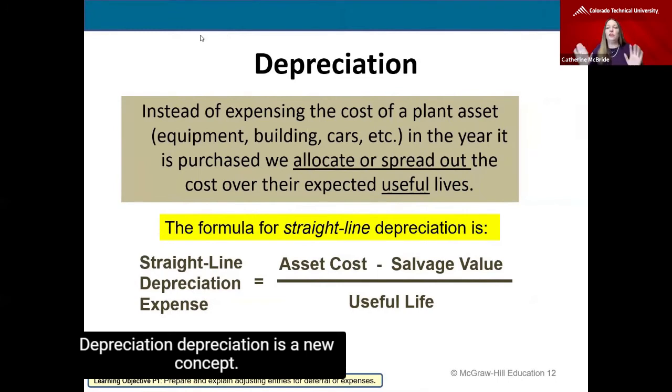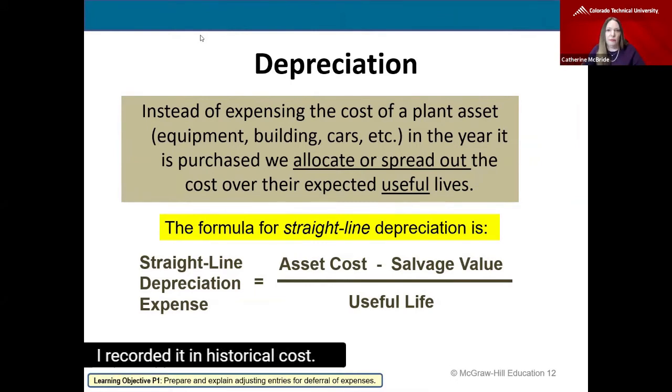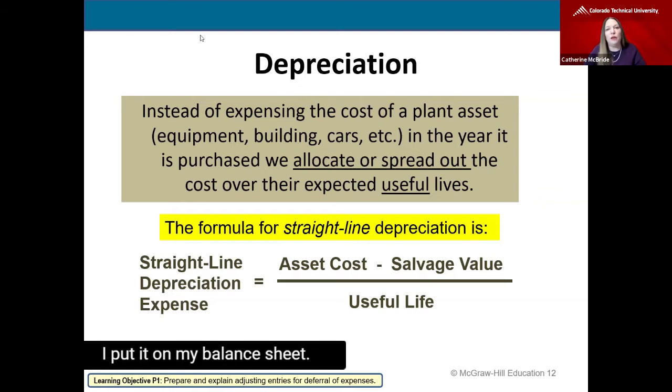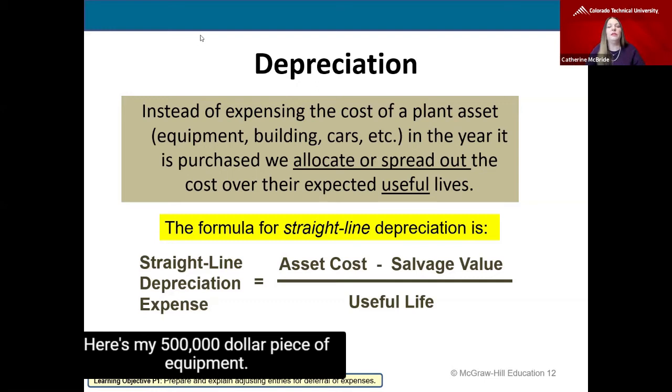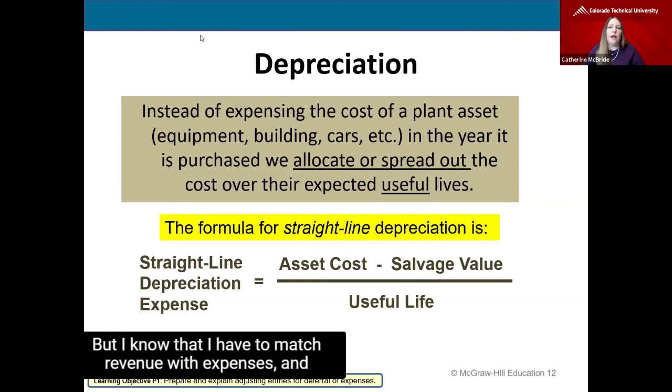Depreciation. Depreciation is a new concept. When we purchase an asset, we record it on the balance sheet. So let's say I bought a $500,000 piece of equipment. I record it at its historical cost. I put it on my balance sheet at $500,000. Here's my $500,000 piece of equipment. It sits there on the balance sheet, but I know that I have to match revenue with expenses.